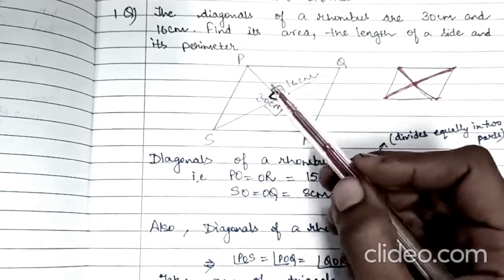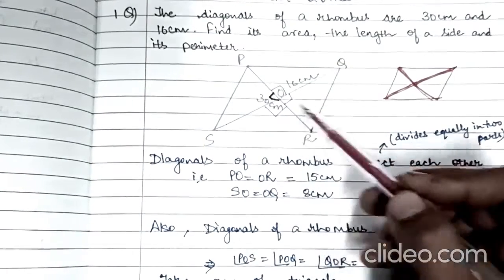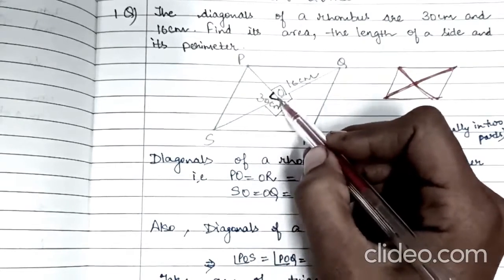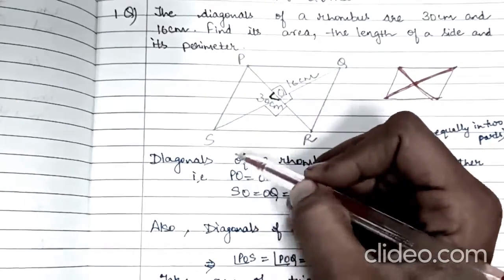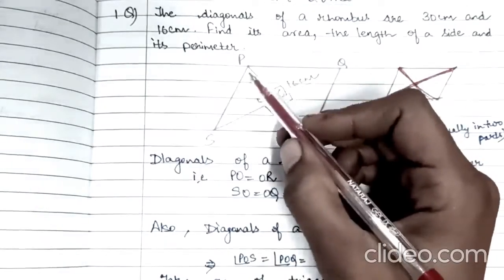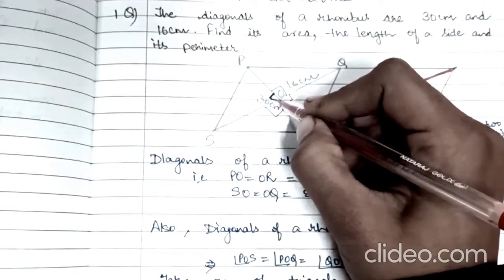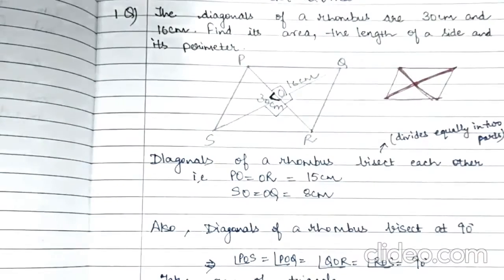Now, you start with any of the triangles. Suppose I am starting with triangle POS. In triangle POS, there is a 90 degree angle.